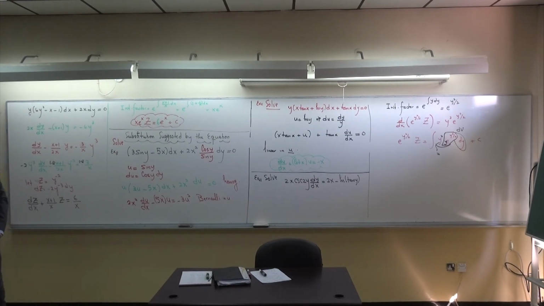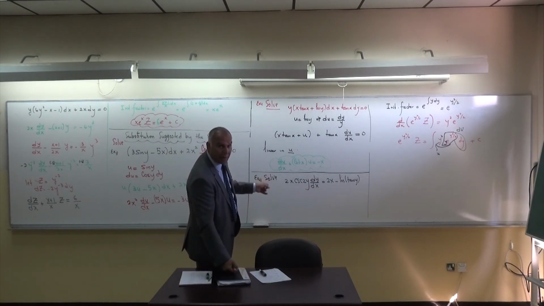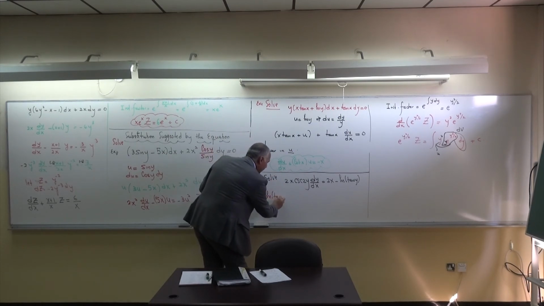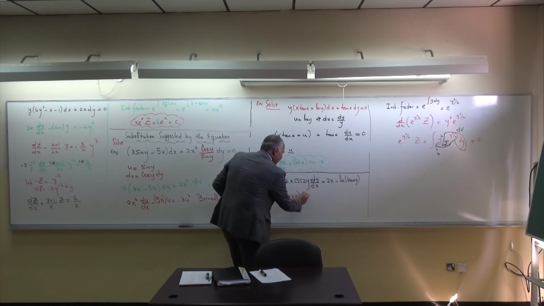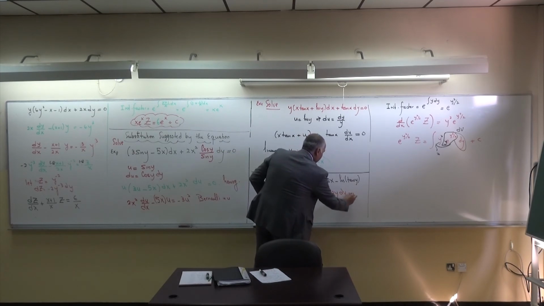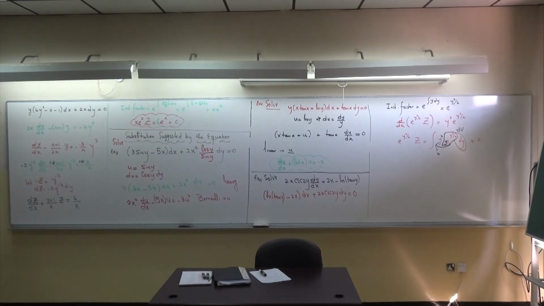What remains is exact, which we haven't checked. It could be exact, but to check, you must write the problem in the exact form: (ln tan y minus 2x) dx plus 2x cosecant 2y dy equals 0. I did cross multiplication by dx and moved this to the other side, so when I moved it the sign changed, this one became positive and that one negative. Now you want to check if it's exact.